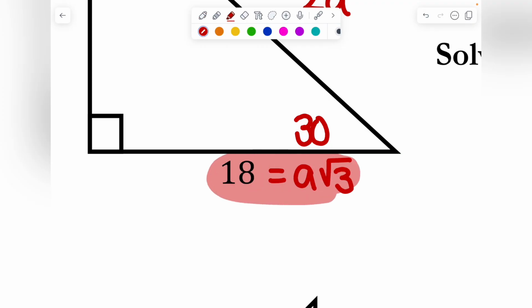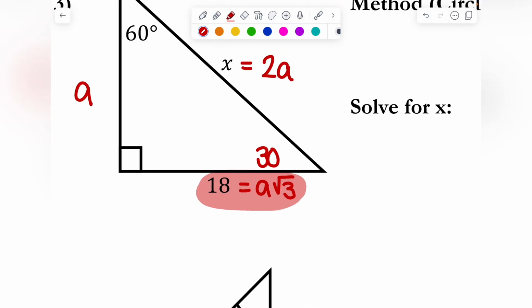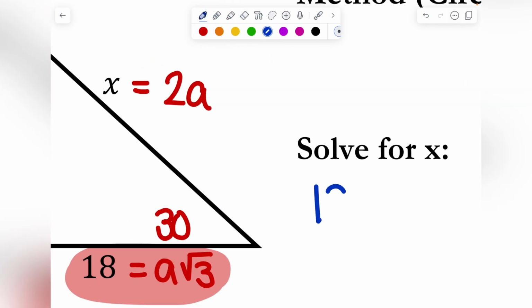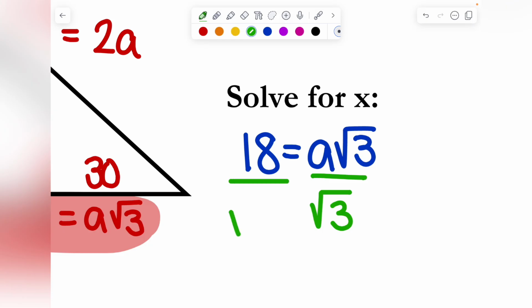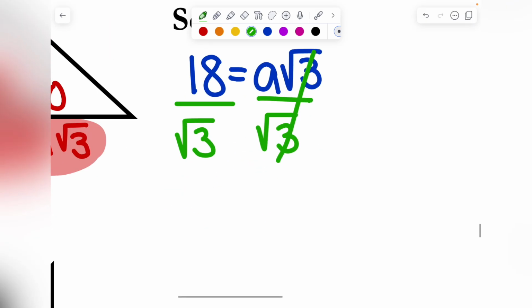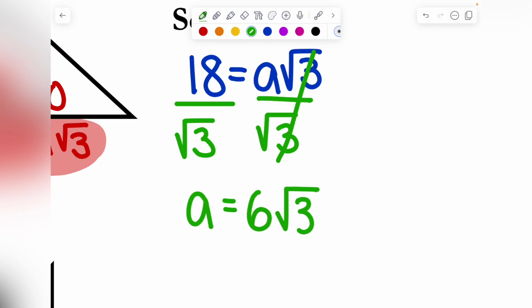So this is the kind of the harder thing we have to do, which is solve for that A. So if I know 18 has to equal A root 3, then I have to get A by itself by dividing over the root 3. So 18 divided by root 3, I always use the trick. 18 divided by 3 is 6, tack on the root 3.